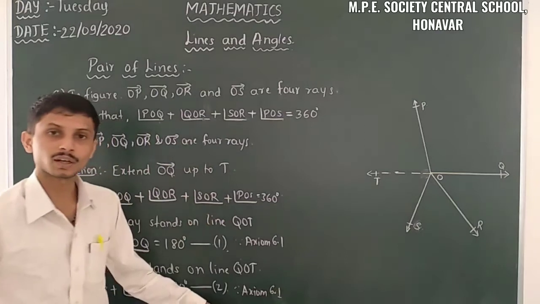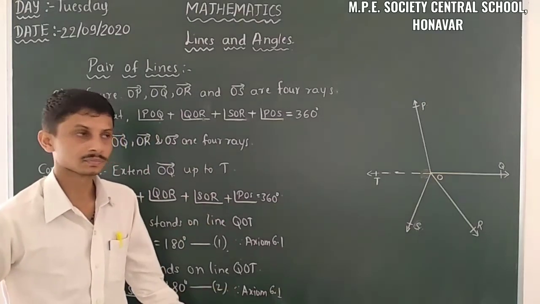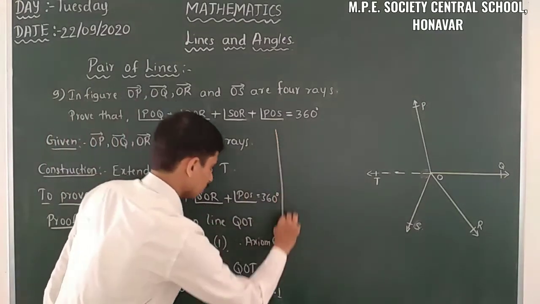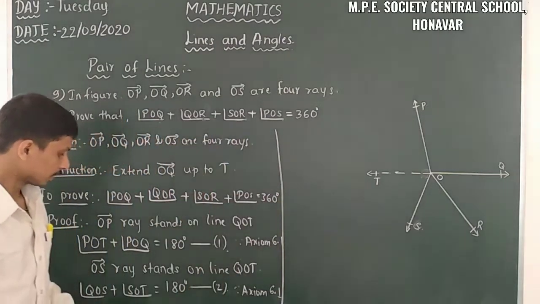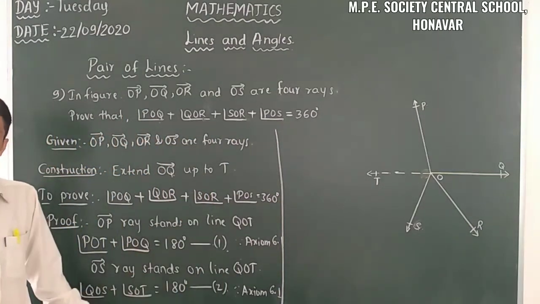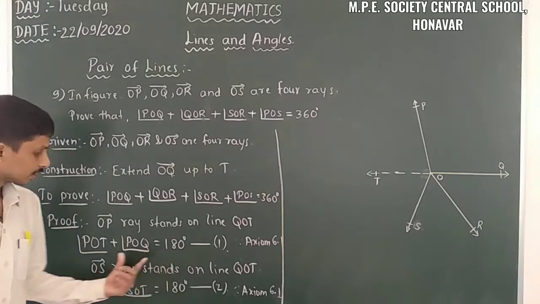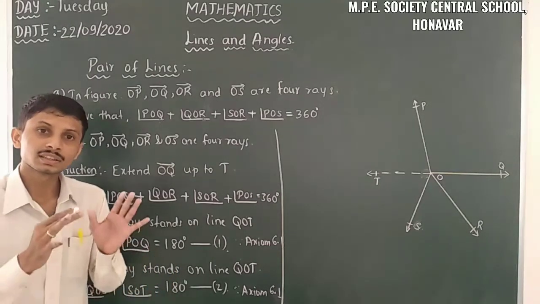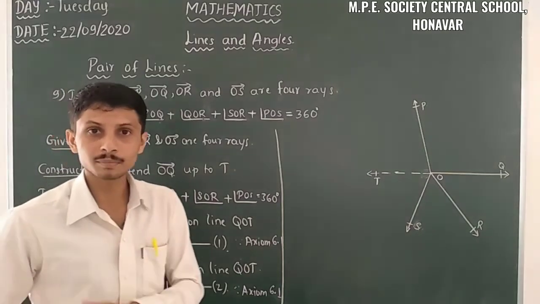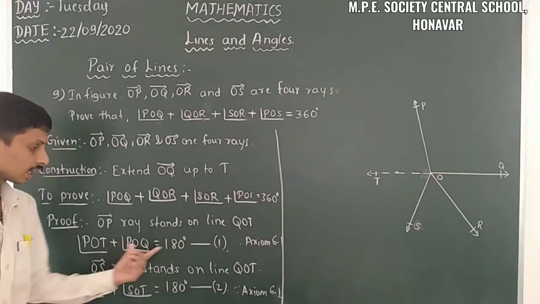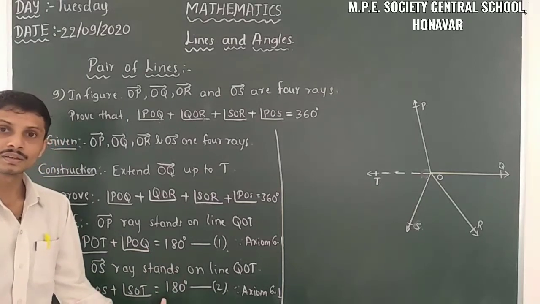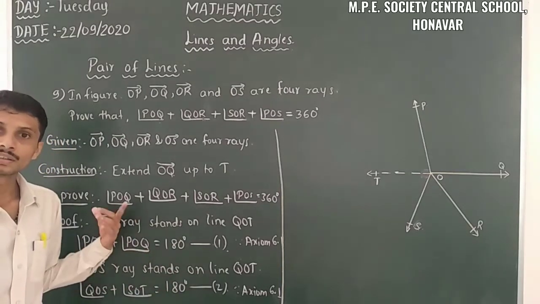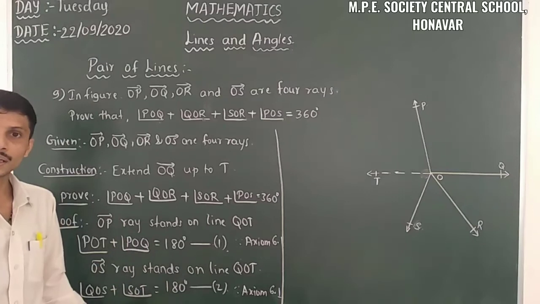So we have to write the reason for that. Then we have to take those two. Here this sum is also 180 degrees. That means things which are equal to the same thing, both the things are equal here.